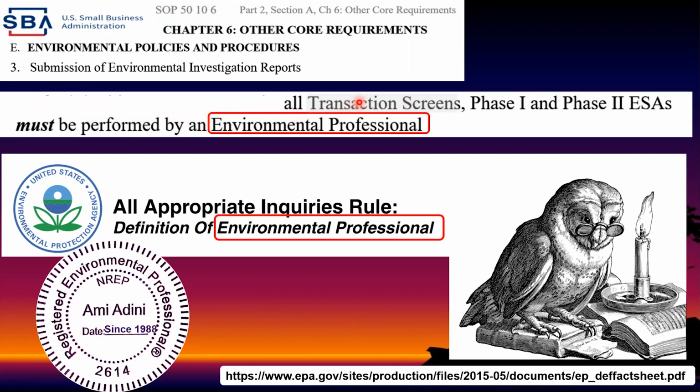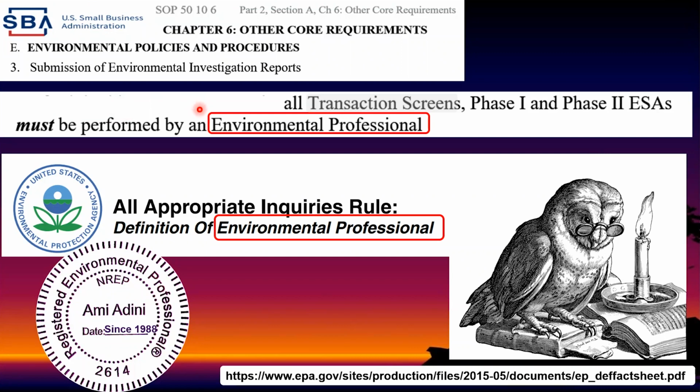Transaction screens we hardly do anymore; this is an older practice. Most of the reports today are Phase 1, and if the Phase 1 arrives at conclusions that indicate some concerns, then we move to a Phase 2. They require that it must be done by an environmental professional. Now, who or what is an environmental professional?